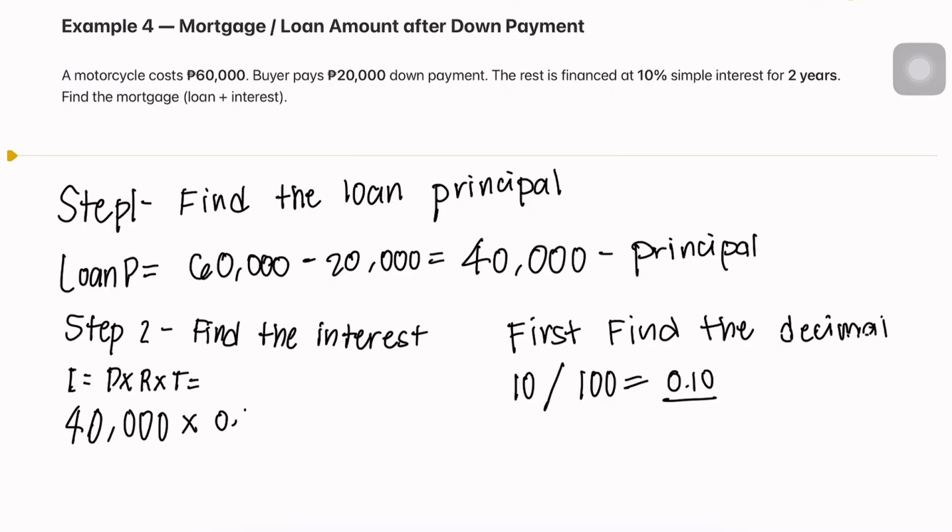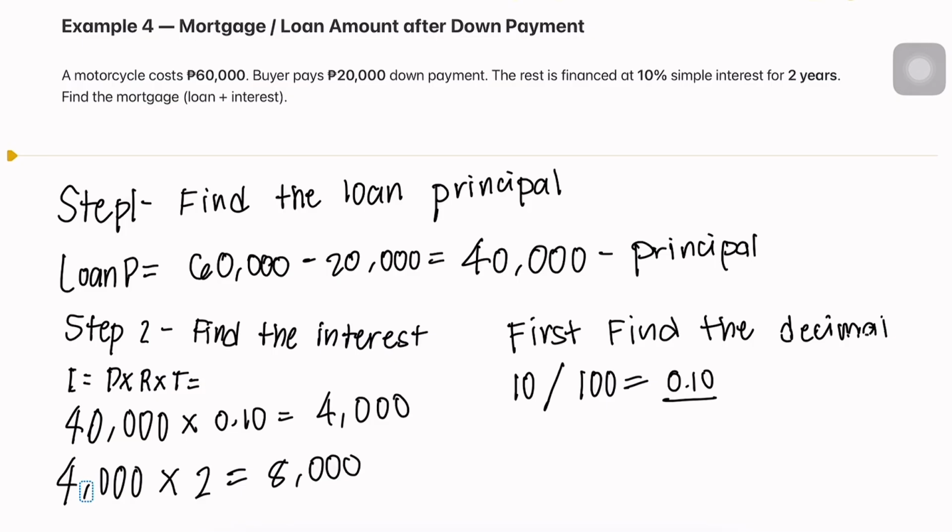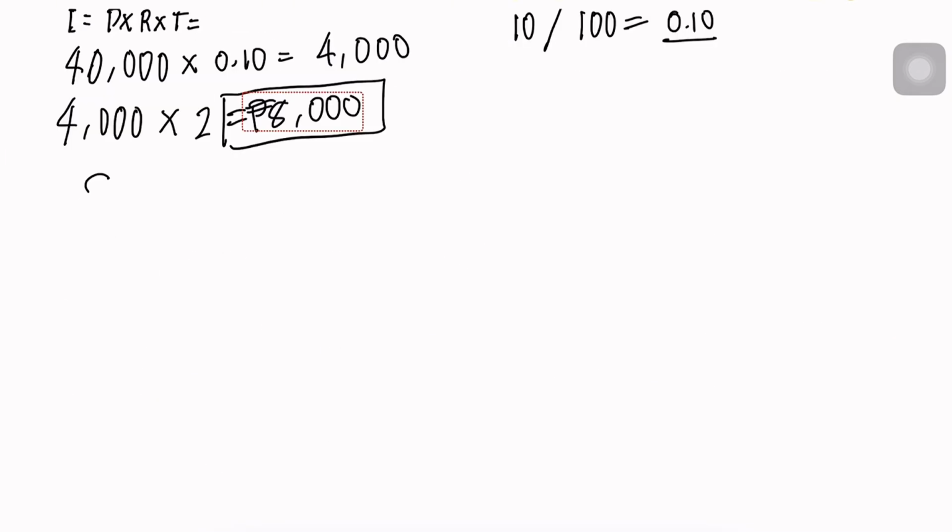So our P is 40,000 times our rate, 0.10, is equal to 4,000. Then 4,000 times the year, which is 2, is equal to 8,000. So this is our interest.